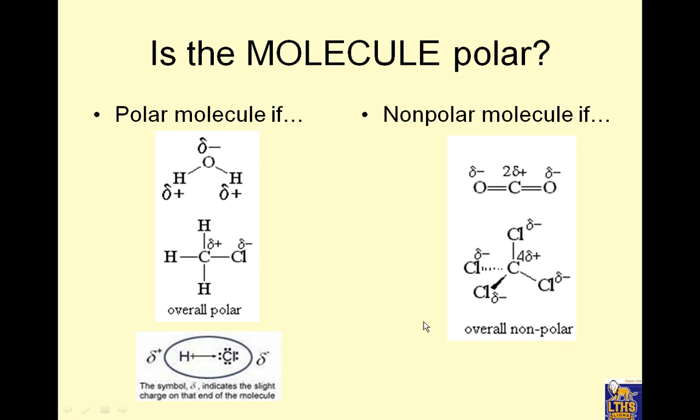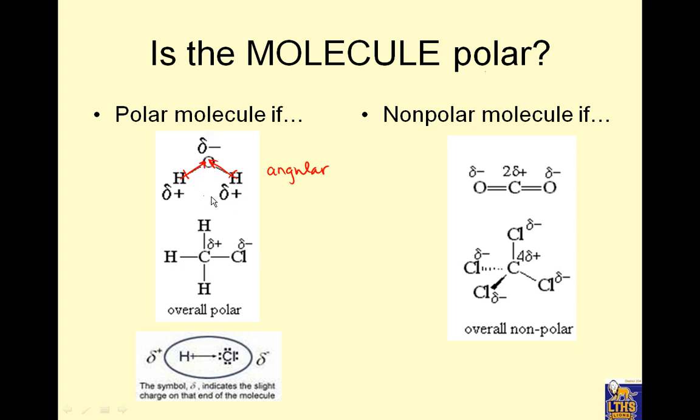So you need to see some examples. Is the molecule polar? There's a yes answer or a no answer, but let's look. First you look at the bonds and find out if they're polar. Then if you have polar bonds, you look at the shape to see if those polar bonds cancel. Water has an angular shape. In an angular shape, the bonds cannot cancel each other out because an angle is like a hill.